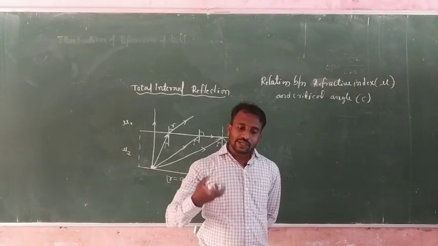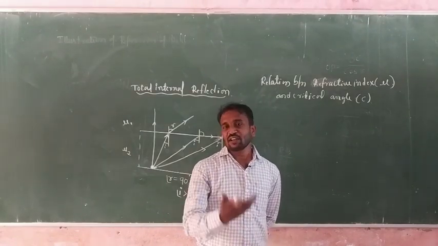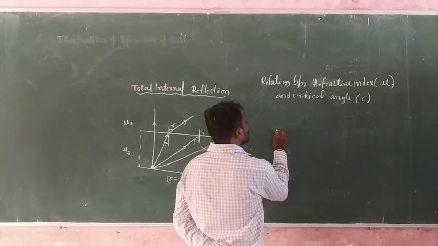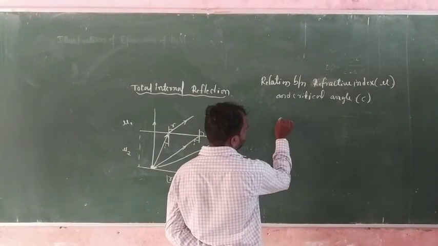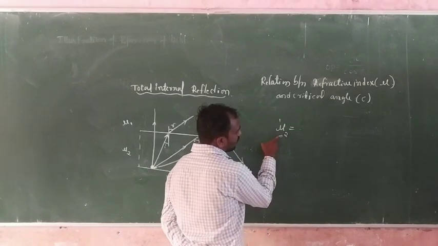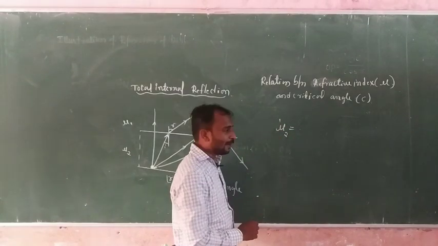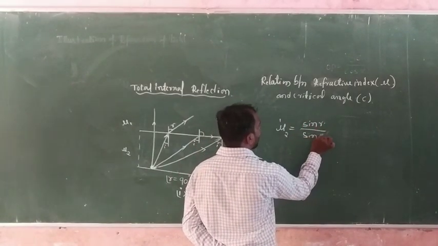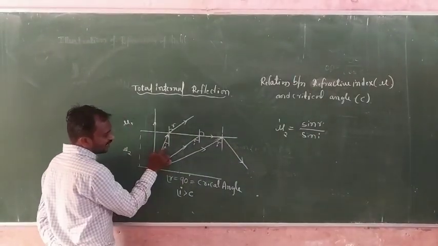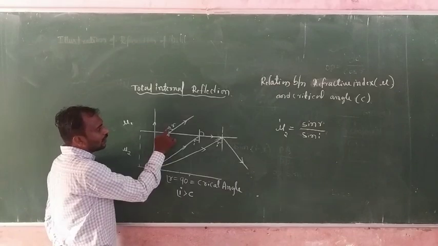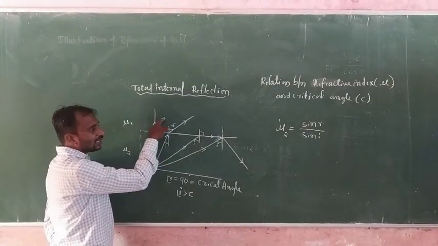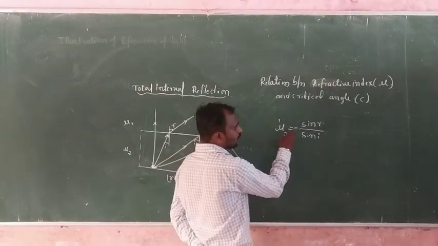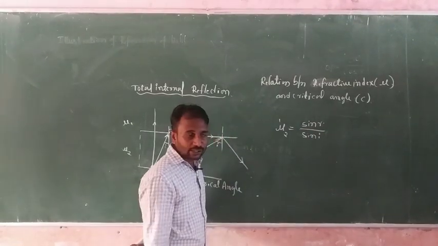Snell's law is the ratio of the sine of the angle of incidence to the sine of the angle of refraction for a given pair of media. So the refractive index of the second media with respect to the first media is equal to sin R divided by sin I. Why? Because the angle of incidence is present in the denser media and refraction is present in the rarer media.